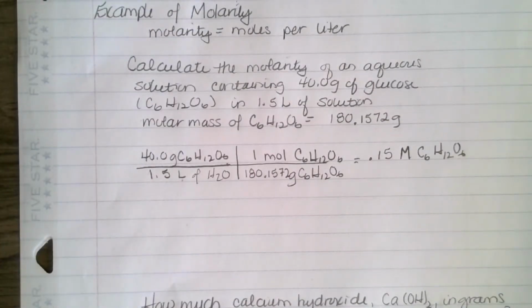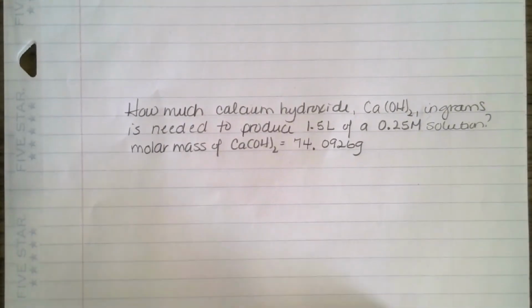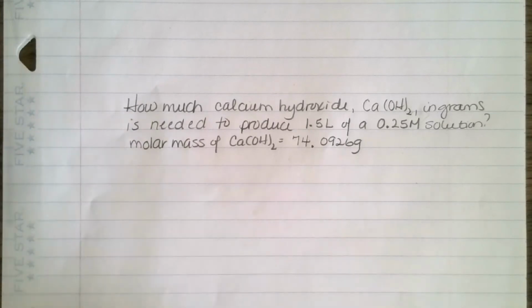Let's try one more of those. Here's another one. How much calcium hydroxide in grams is needed to produce 1.5 liters of 0.25 molar solution? Whoa, we have a lot here. Let's look at if we can figure this out.